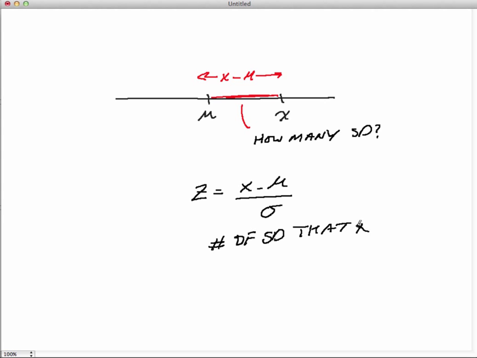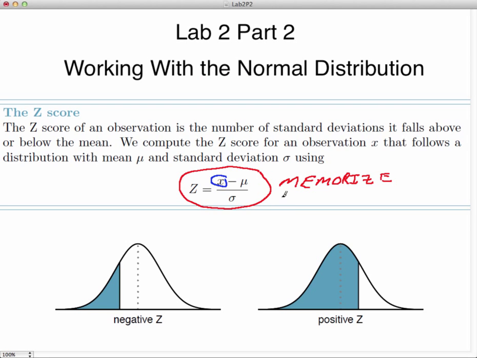That's an x there, actually. There we go, looks more like an x. Either above or below, depending on whether the sign of z is going to determine that. Okay, mu for the mean. All right, so let's go back to our page here.